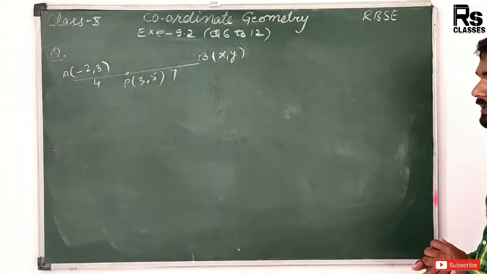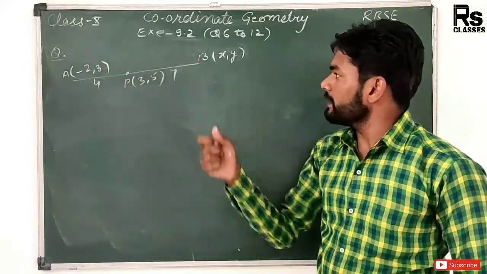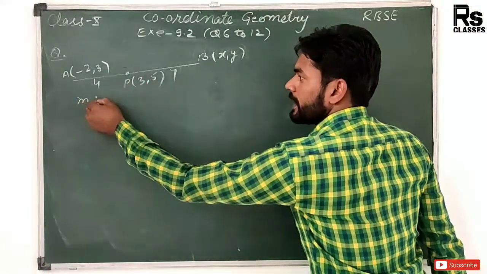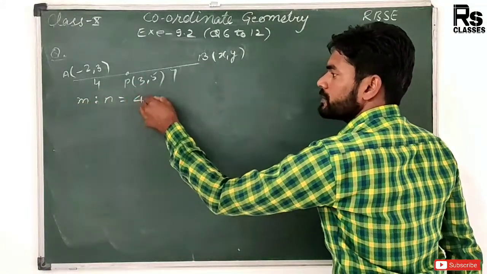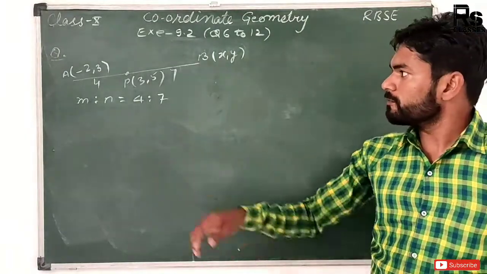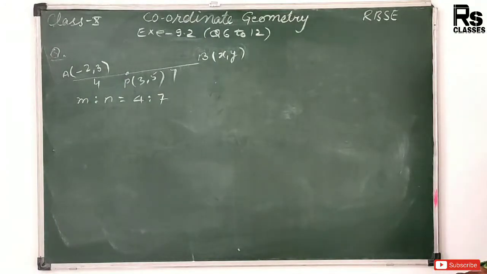So let's start. Again, the section is given for the line segment AB, and the ratio m ratio n is equal to 4 ratio 7. It means we will use the internal section formula because the internal condition is given in the question. So let's start.